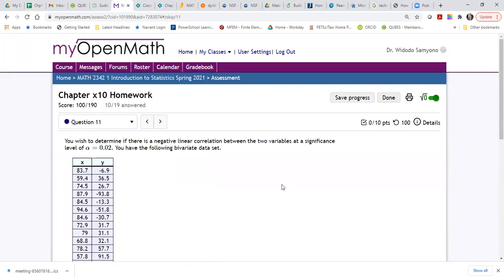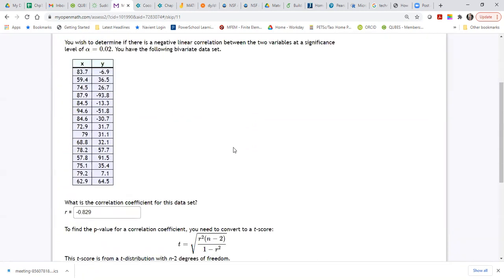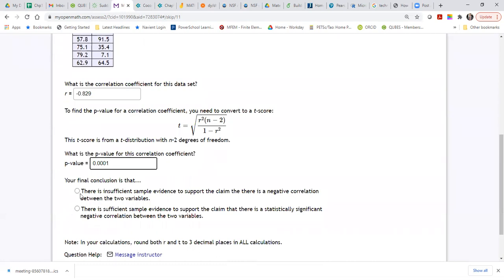You can see the p-value is less than alpha, right? Because the p-value is 0.001 and alpha is 0.02.